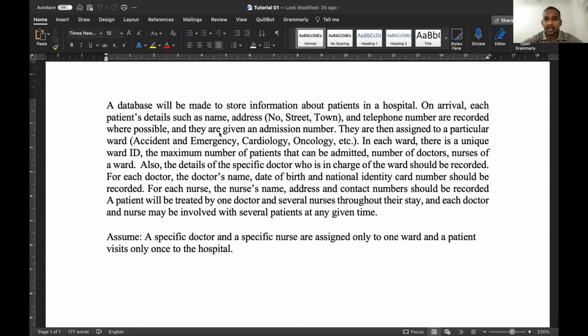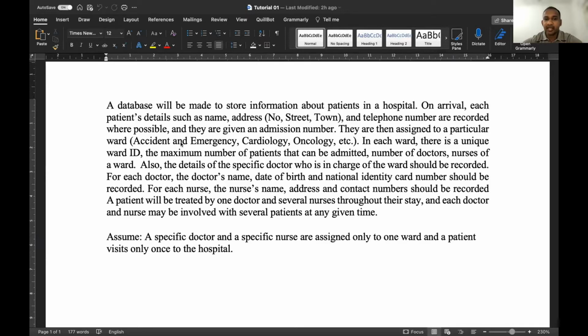And they are given an admission number. After registration, each patient will be given an admission number for unique identification. They are then assigned to a particular ward.